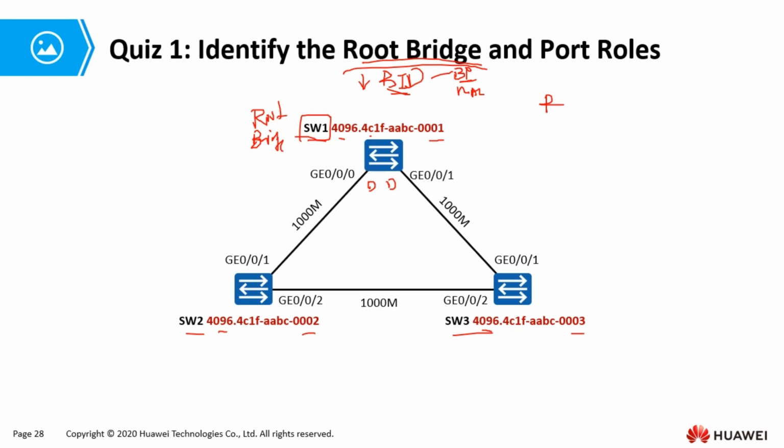So the root port basically will have a smaller root port cost. So you're looking here, who will have the smallest root port cost? Of course, it will be on your switch 3 G001 and switch 2 G001. So that means here will become your root port.